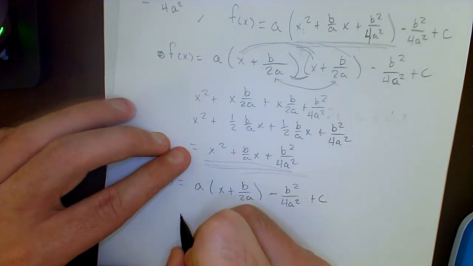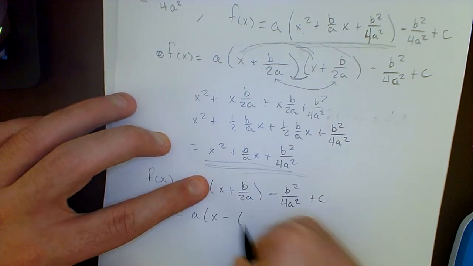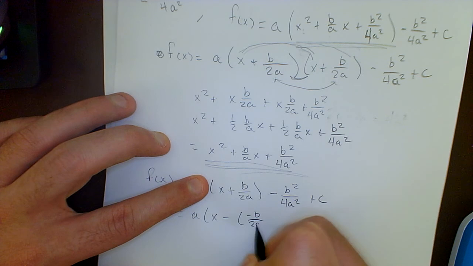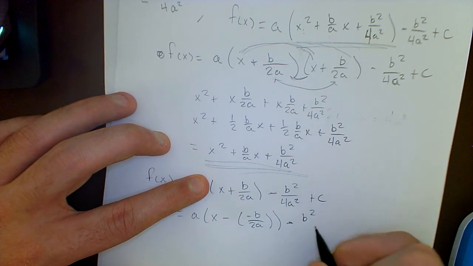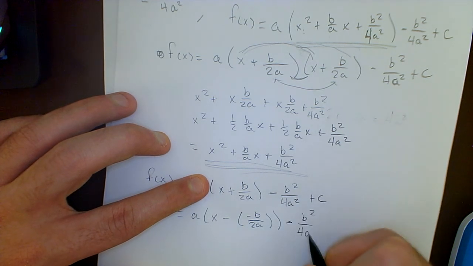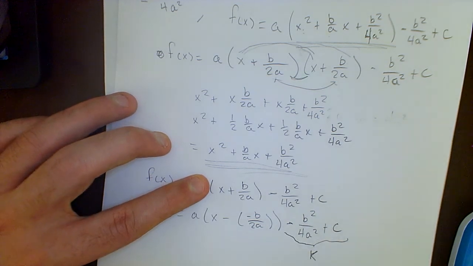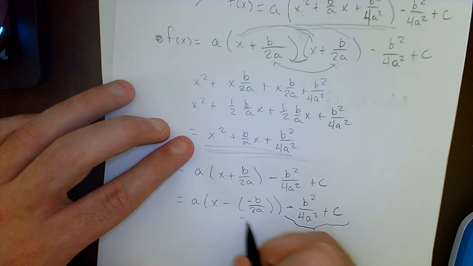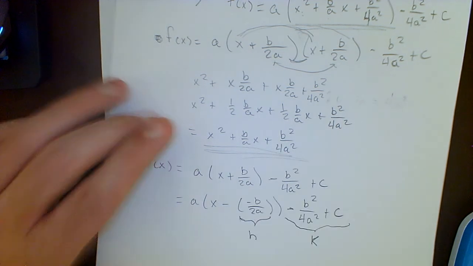So if I write this as a times x minus negative b over 2a, minus b squared over 4a squared plus c, this portion is k from standard form, and this term right here is h.